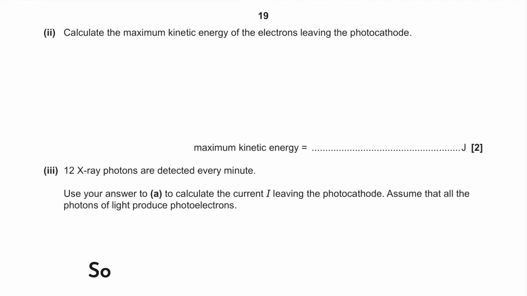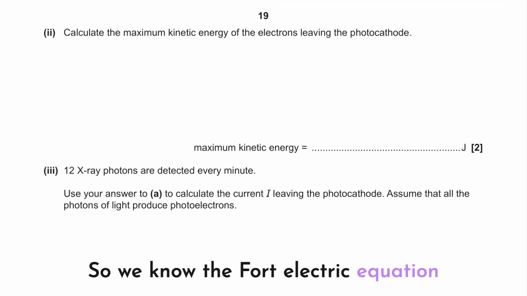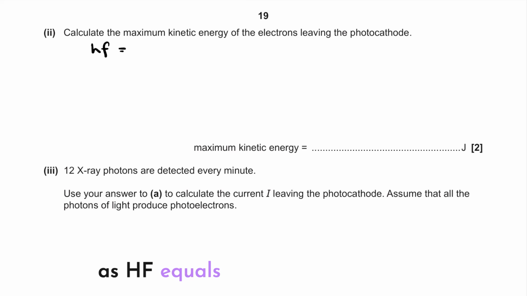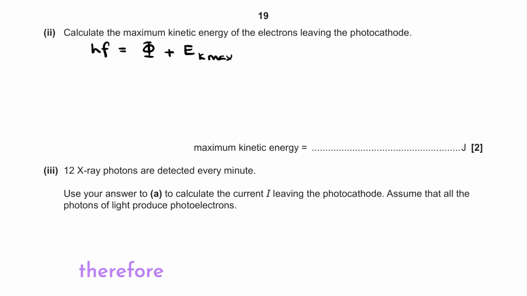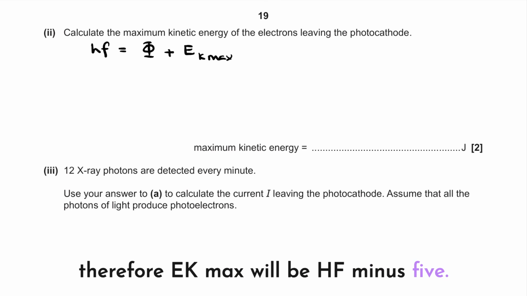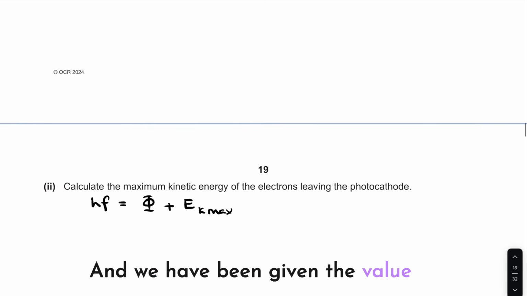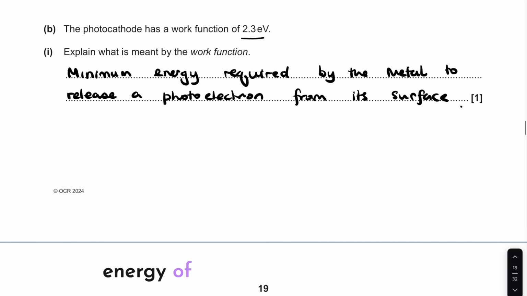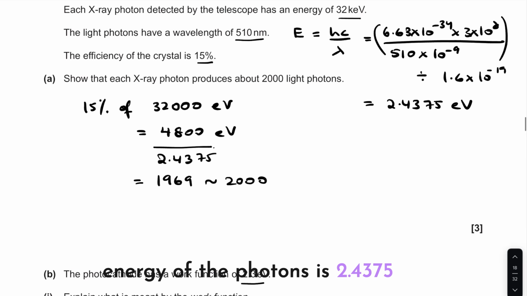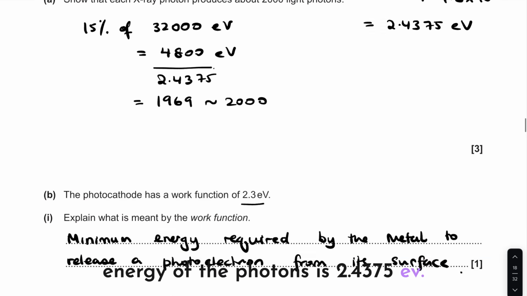So we know the photoelectric equation as hf equals phi plus EK max, and therefore EK max will be hf minus phi. We've been given the value of the work function, which is 2.3 eV, and the energy of the photons is 2.4375 eV.